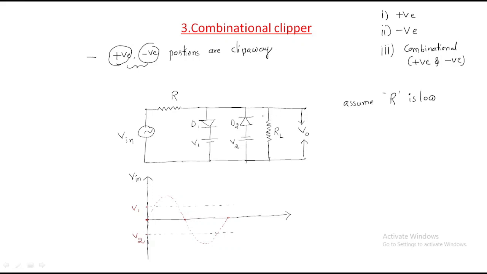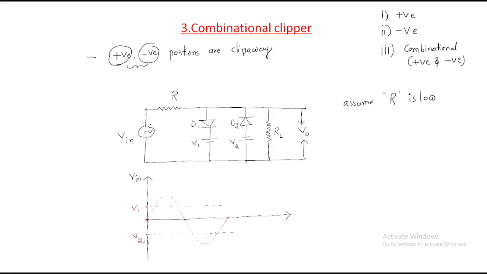Now we will discuss each and every cycle. We have an input voltage, a reference voltage V1 and a reference voltage V2. Generally, the reference voltage V1 is much greater than V2.